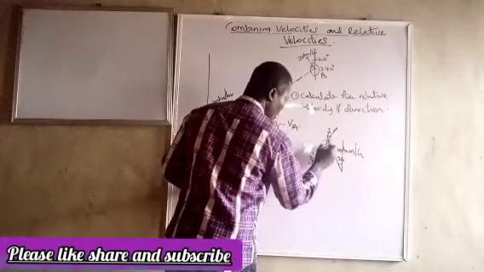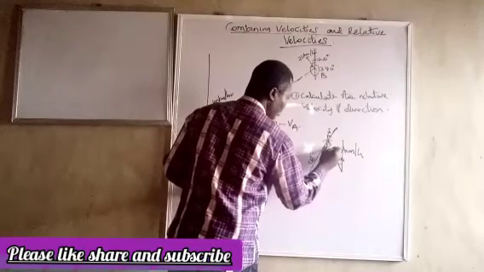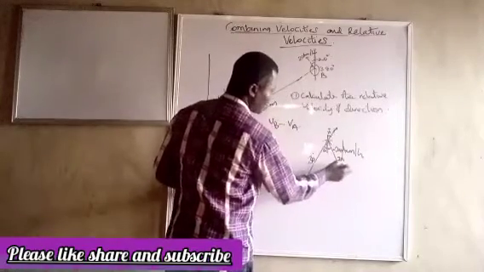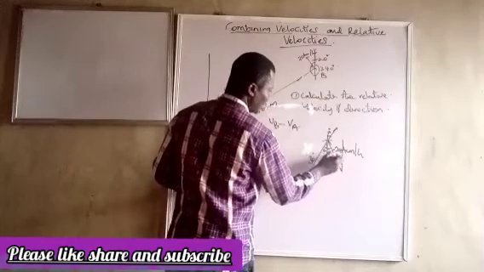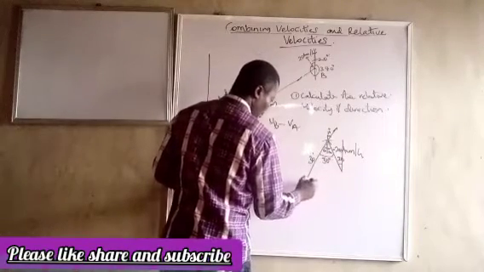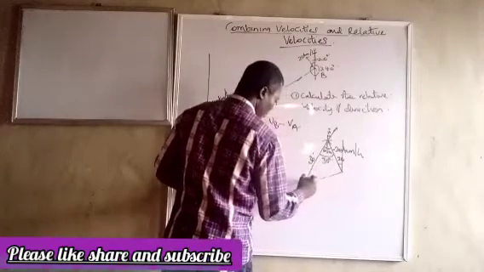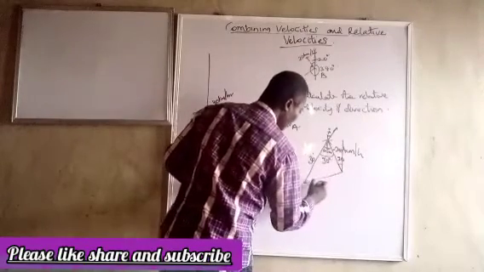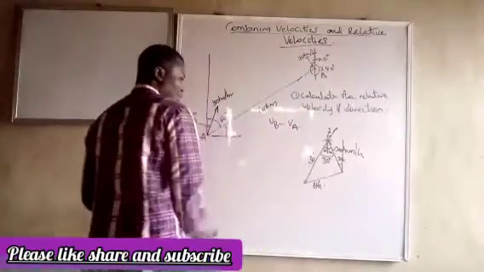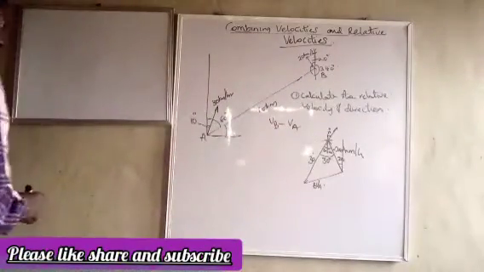So you have 10 here, by vertically opposite angles, and this one by alternate angles, you have 20. So you have 30 degrees here. So this will be the BVA, that is the relative velocity of B to A.